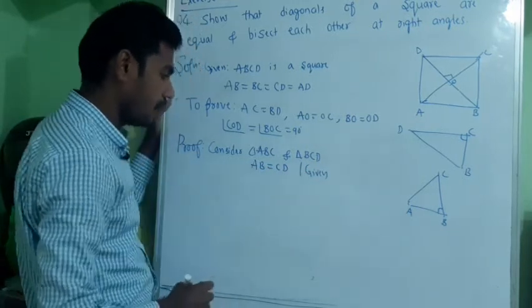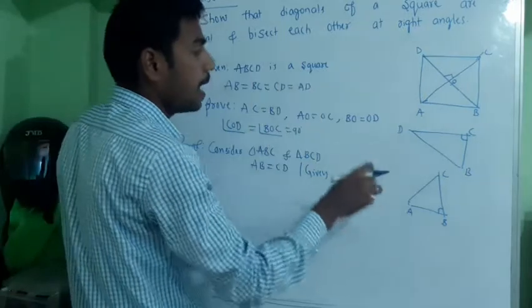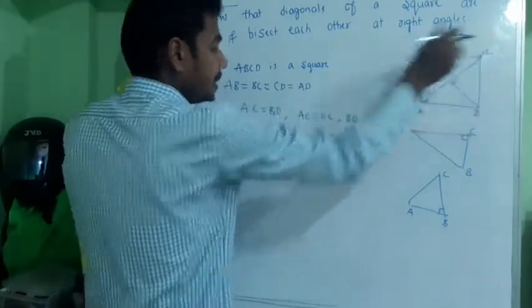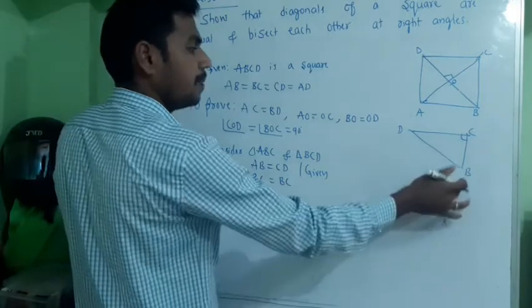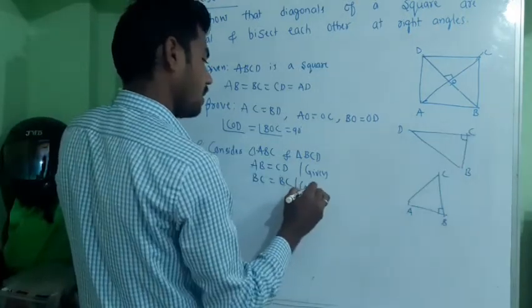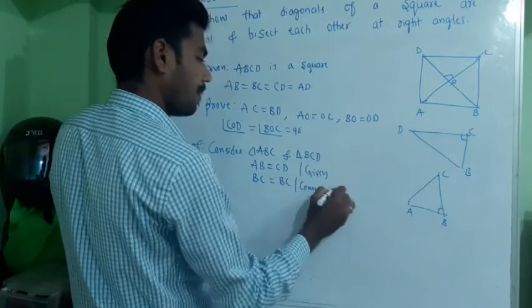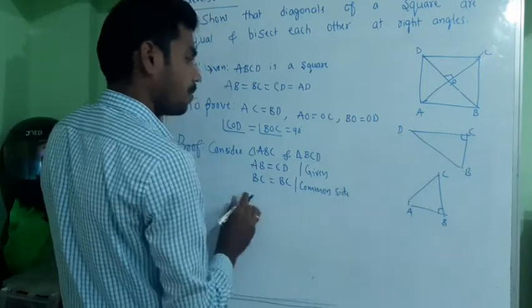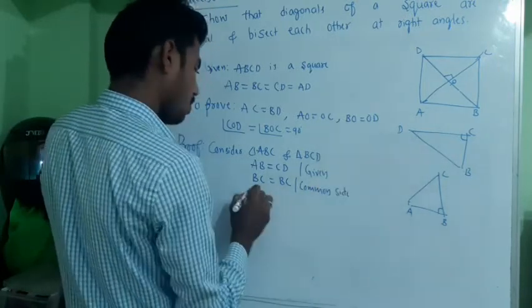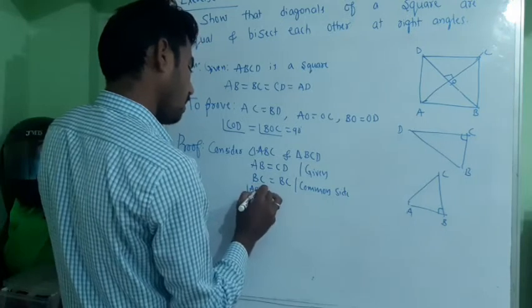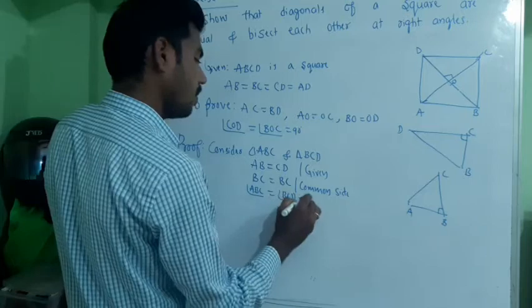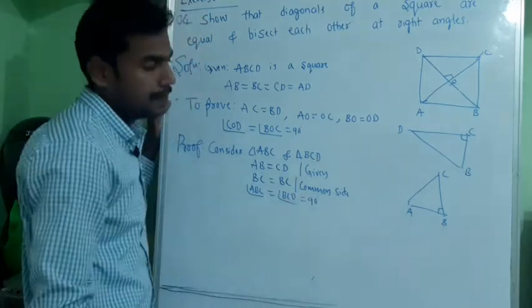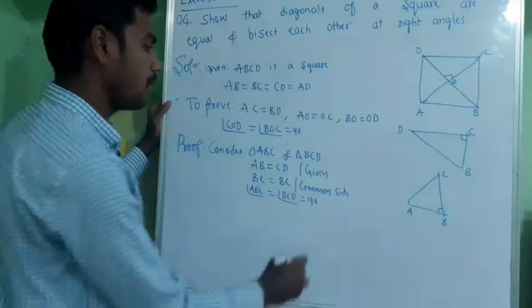Then what can I write? BC is equal to BC, which is a common side. BC is here, BC is here, we can call it a common side. Next, what can I write? Angle ABC is equal to angle BCD. Yes, we can write that, because each is equal to 90 degrees. The angles of a square are equal to 90 degrees.